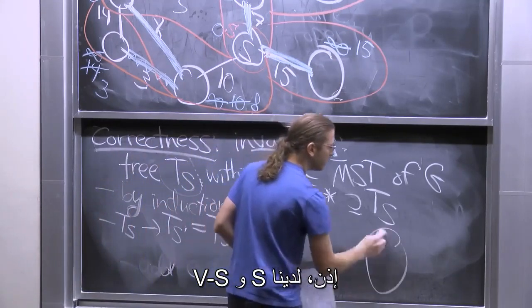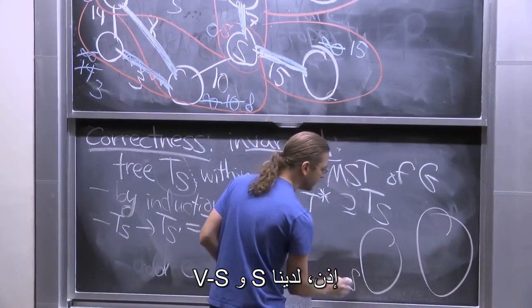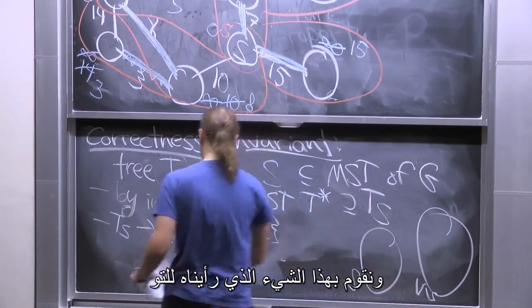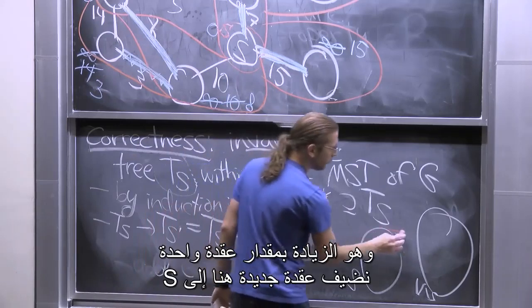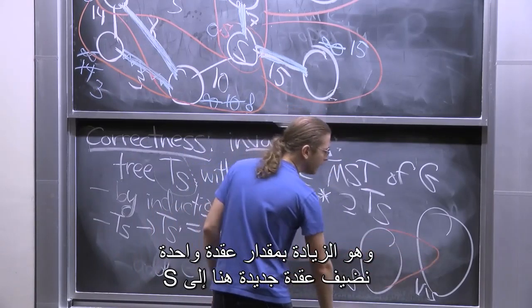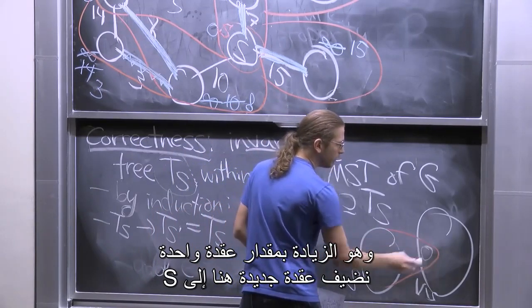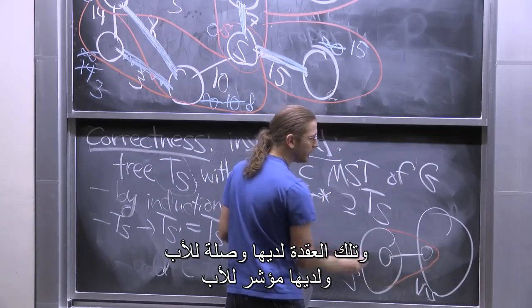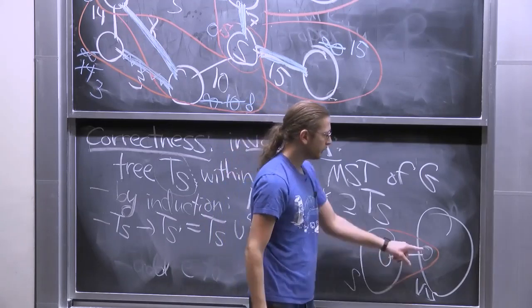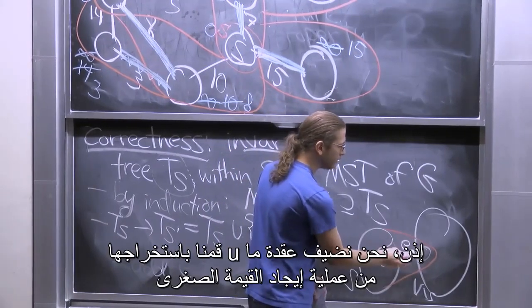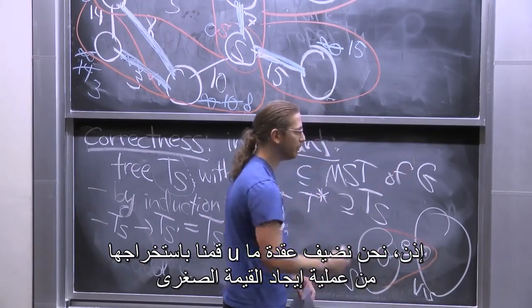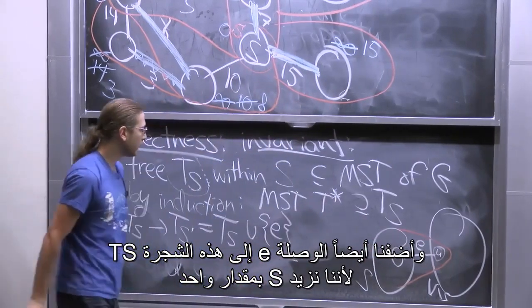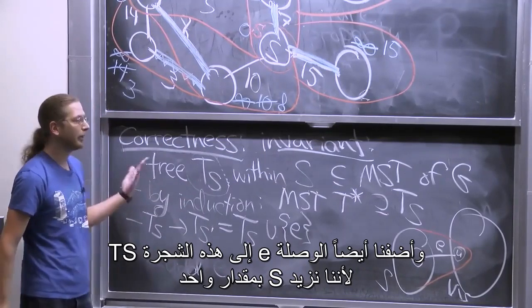So we have S and V minus S. And we do this thing, like we just saw, of growing by 1. We add one new vertex over here to S. And that vertex has a parent edge, has a parent pointer. So this edge I'm going to call E. So we're adding some vertex U that we extracted the minimum. And we also added an edge E to this T sub S because we grew S by 1.